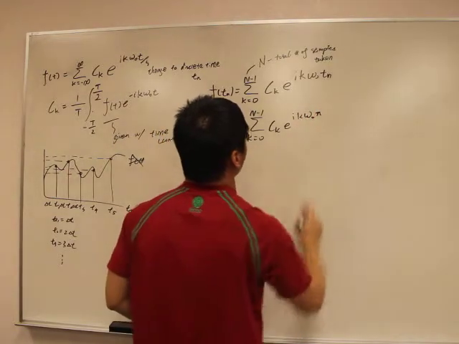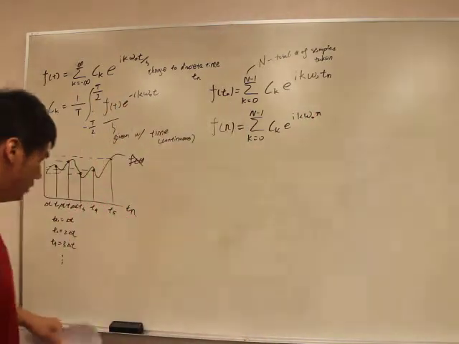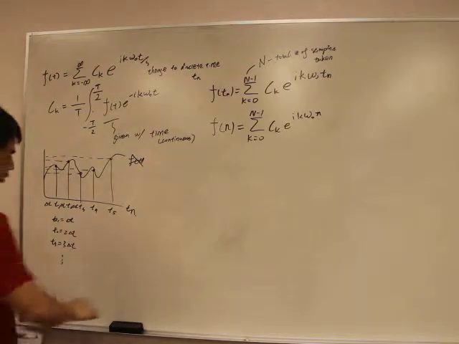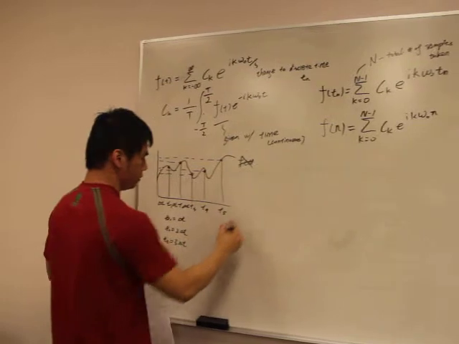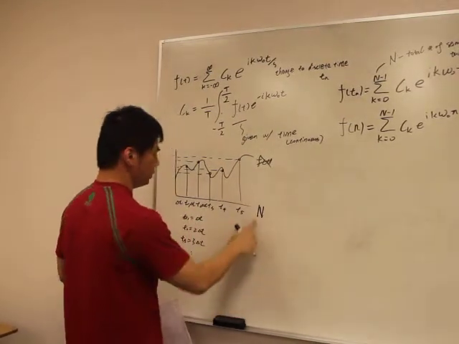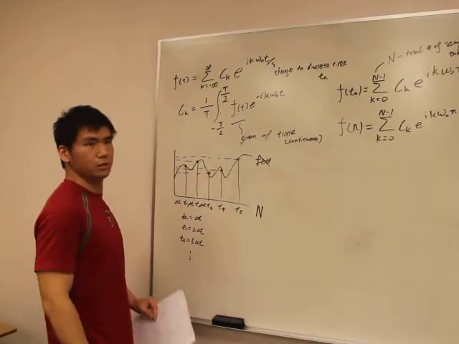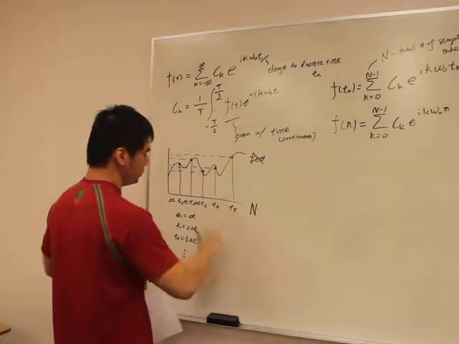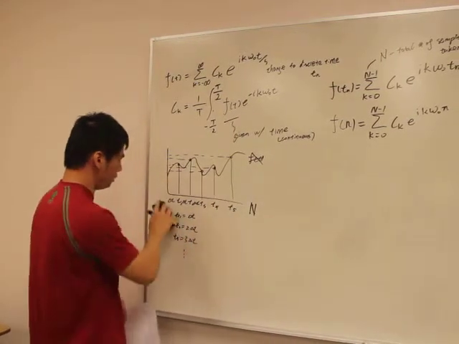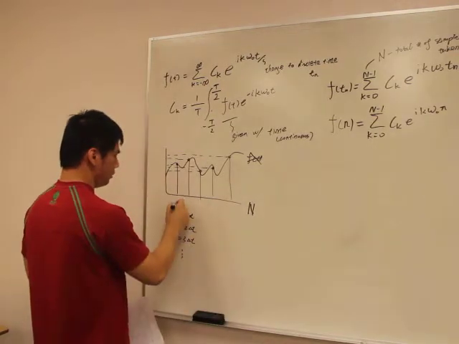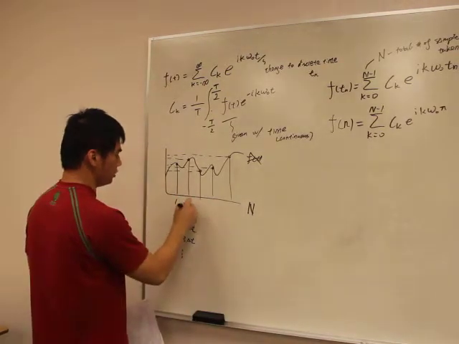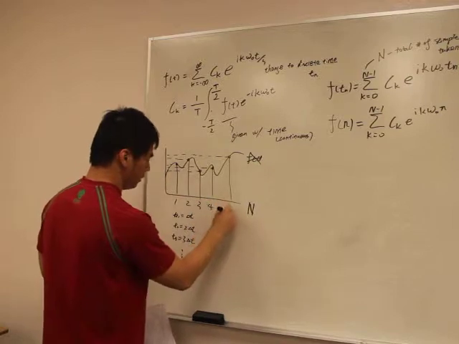And the reason why we can do that, we can see from this graph. If we change the x-axis to the sample index, what was t1 is now just 1, then 2, 3, 4, and 5.